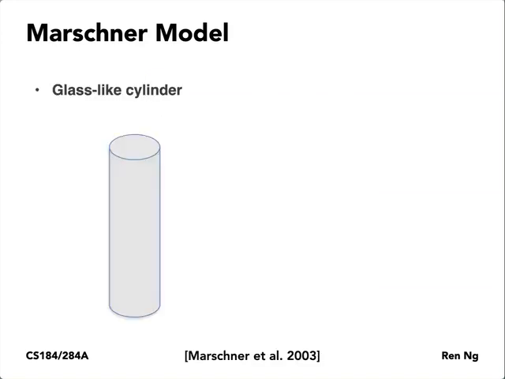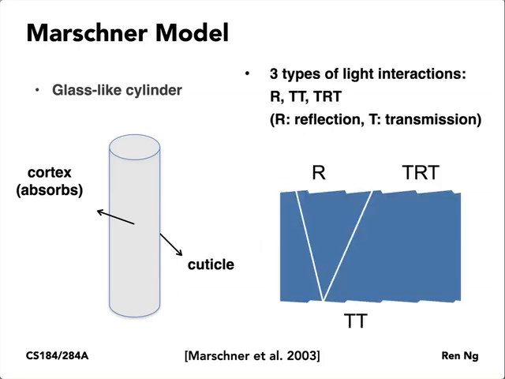The way this emerges is to think of the hair as a glass-like cylinder, but that as it grows, anatomically speaking, it grows with cuticles. And in terms of the cylinder, anatomically speaking, there's a cortex, an inner core that absorbs light, and an outer layer of cuticles that reflects light. If you had this sort of model, with the cuticles forming this scalloped outside appearance along the length of the cylinder, then you end up with these different labeled reflection directions.